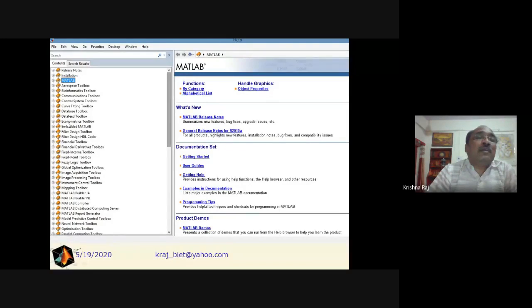here the econometrics toolbox, that is the economics related one, embedded system, filter design toolbox, filter design HDL coder, how we will generate the VHDL code, and financial toolboxes for management and financial purposes here.